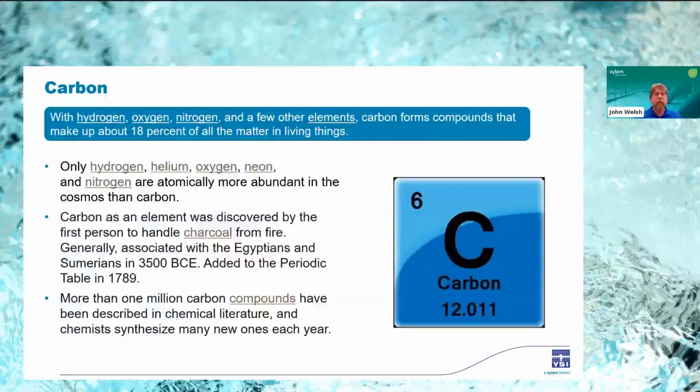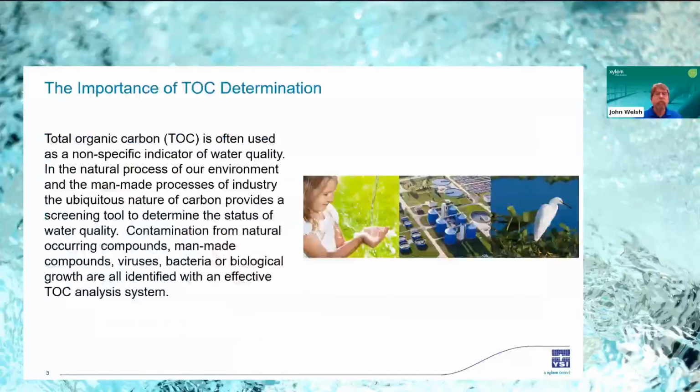When we think about contamination in water and removing that contamination, we must be concerned about carbon-containing compounds. Carbon as organic carbon or total organic carbon is an important water quality parameter.